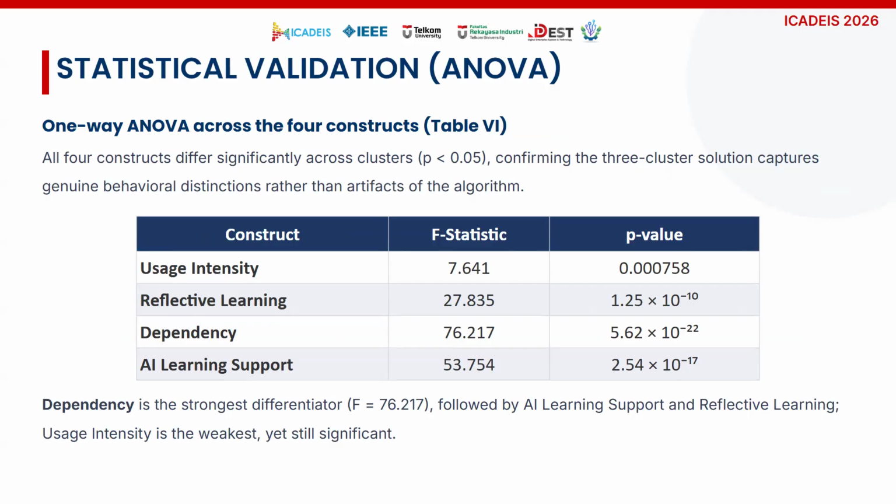The most obvious difference was in dependency, with an F value of about 76, followed by AI learning support and reflective learning. Usage intensity is the weakest, but still significant.